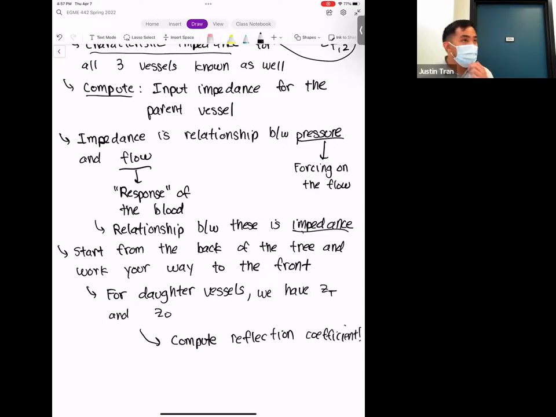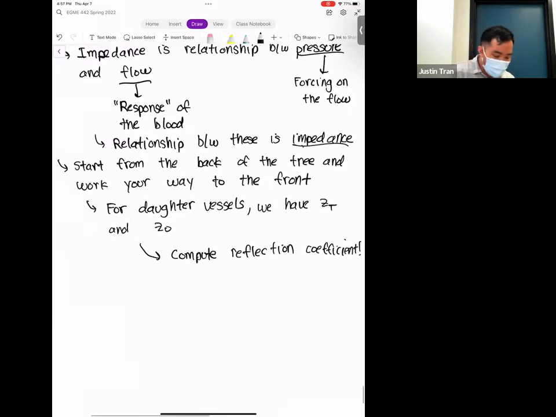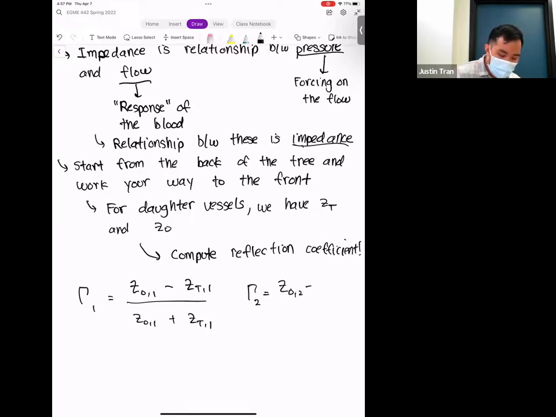This is the first thing that you should compute. For daughter vessel 1, we'll have a gamma 1, which is equal to Z0 1 minus ZT 1 divided by Z0 1 plus ZT 1. Gamma 2 would be Z0 2 minus ZT 2 divided by Z0 2 plus ZT 2.